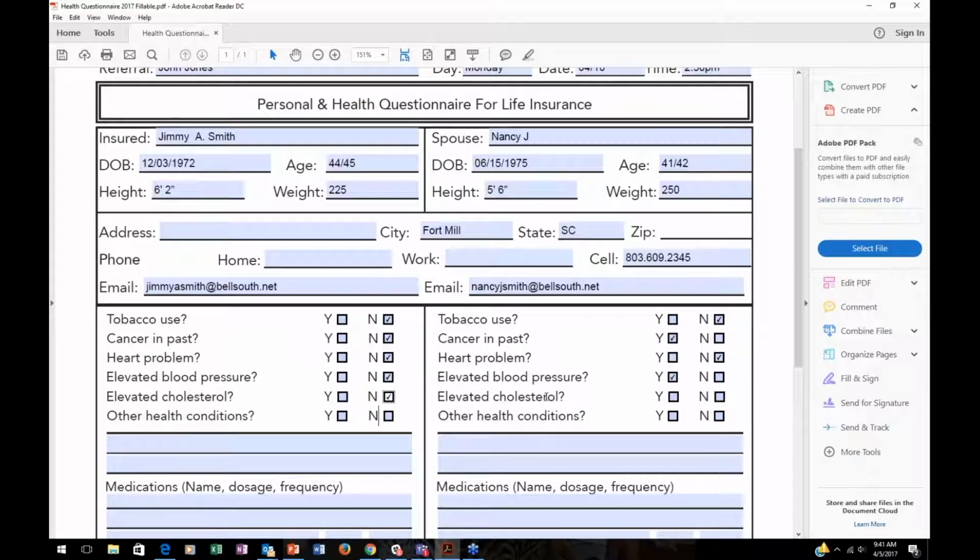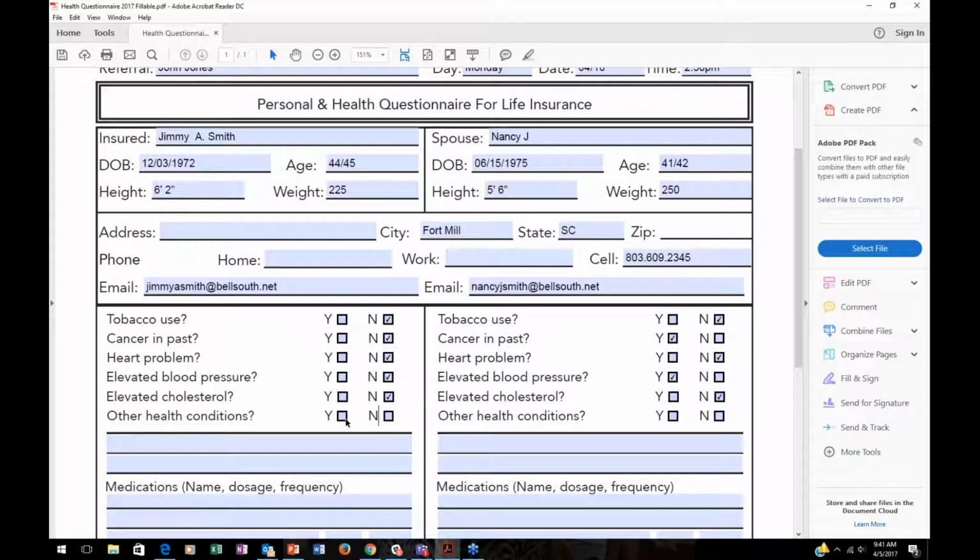Cholesterol question, and probably one of the most important is right here, other health conditions, because again, we've covered the most important, the ones that come up constantly: use of cigarettes, cancer, heart, blood pressure, cholesterol. But what if they have other conditions you haven't directly asked about? We need to know now.